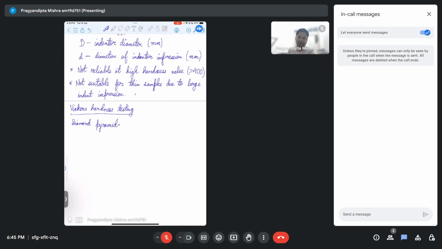So this was developed in order to automate the testing. This usually has a conical indenter, but sometimes a steel ball also people have used. But this is like an automatic way of measuring hardness.